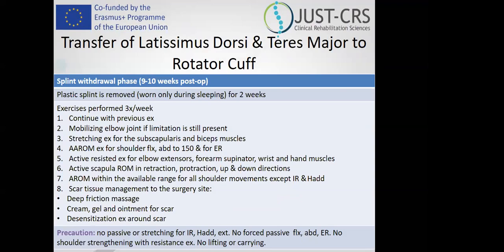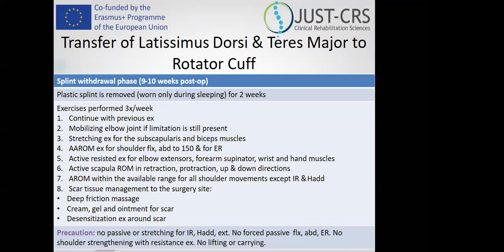The third is the splint withdrawal phase, which is from week 9 to 10. The splint is now removed, and it's only worn during sleeping for another 2 weeks. The exercises are performed 3 times a week, the same as before, but we can add mobilizing the elbow joint if the limitation is still present, stretching exercises for the subscapularis and biceps muscles, and active assisted range of motion for shoulder flexion, abduction to 150, and for external rotation.